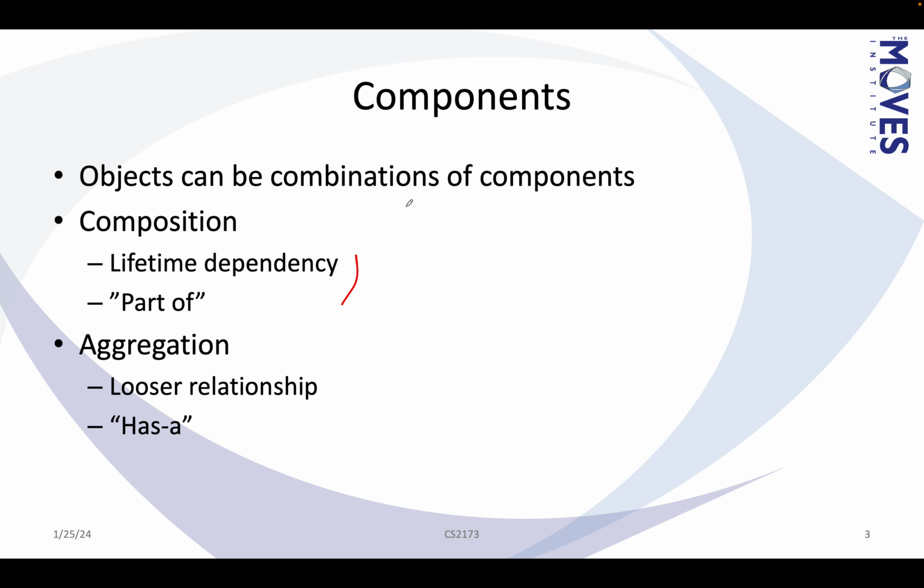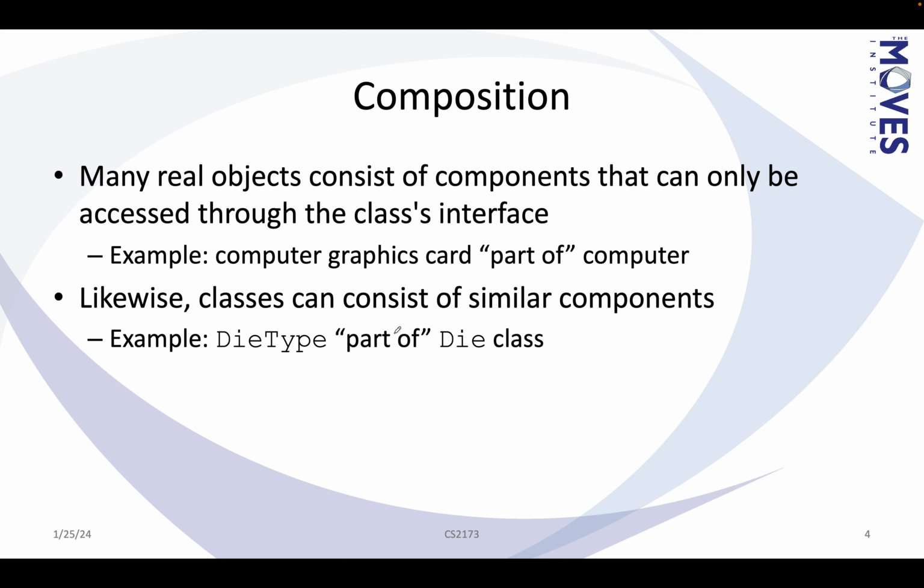So it's being a part of, whereas aggregation is a looser relationship where they might change throughout the life of the object. Again, the distinction can be a little fuzzy, but that's the type of thing.